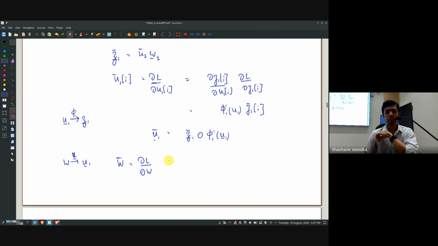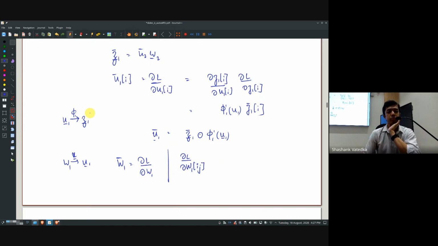So let's look at the partial derivative with respect to one of the elements. Should be W1, W1 of, let's say, ij. So here you have to be a little more careful because this is not an element-wise operation.